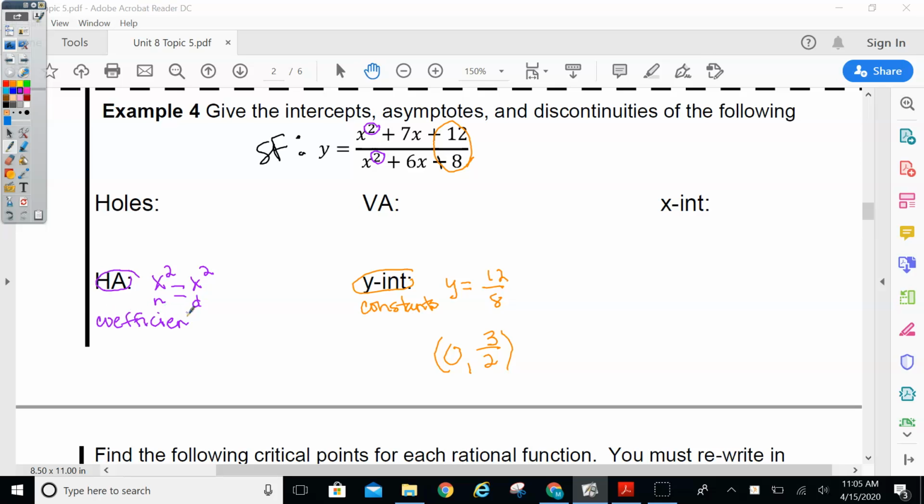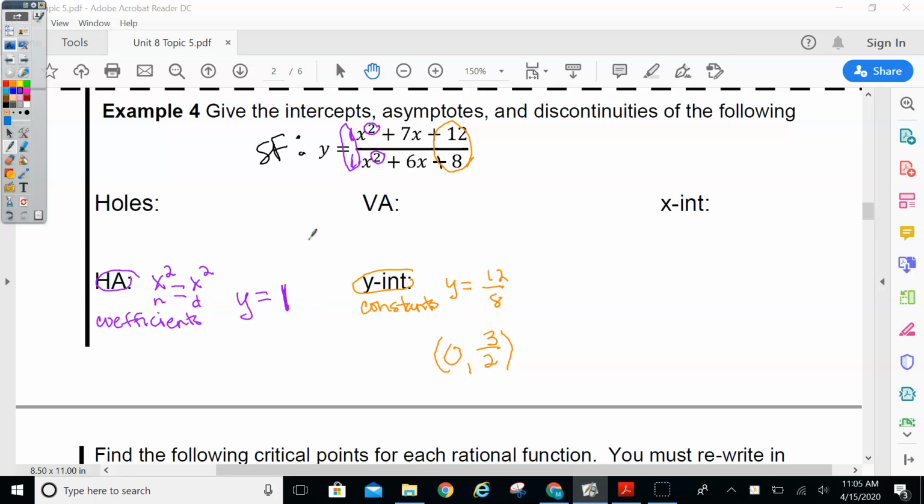But you don't do that if they're not equal. If they're not equal, well then it's either 0 or none, depending on which one is bigger. Okay, so here the coefficients are 1 and 1. So 1 over 1 reduces to just 1. So the horizontal asymptote's at 1.